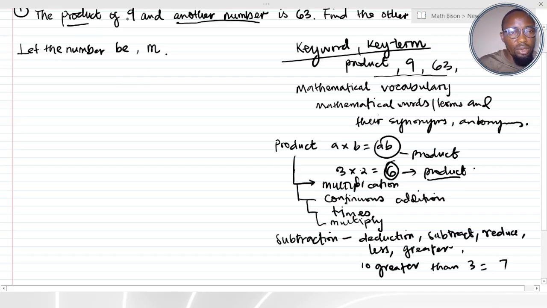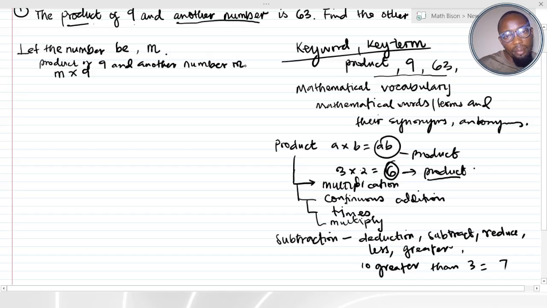The product. We know product is times of 9 and another number. Don't forget, if you say M times 9, it is still what? Product of 9 and another number. Another number, M. Now we have M times 9.